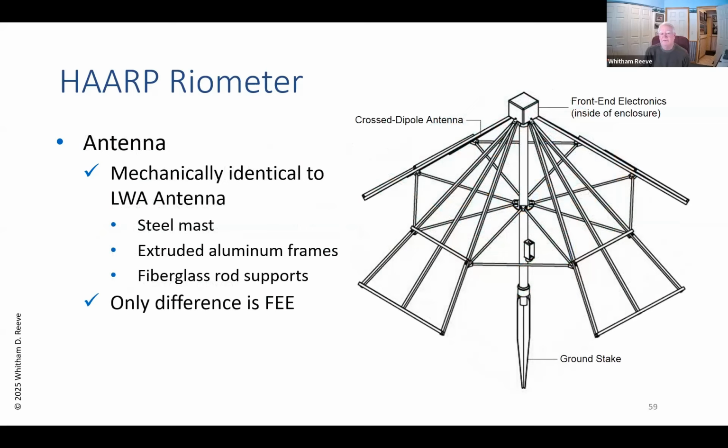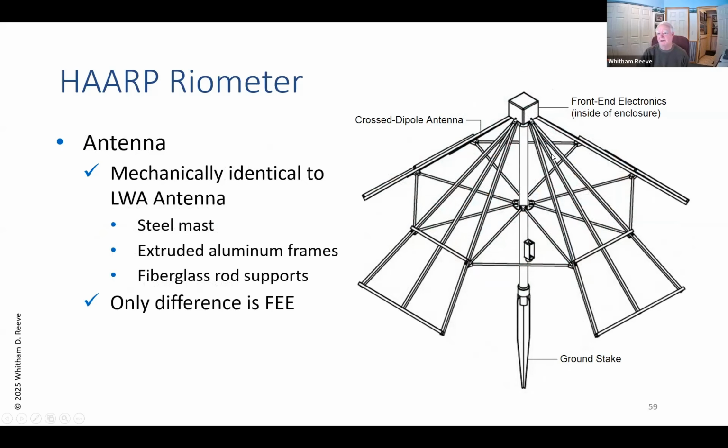The antenna itself is mechanically identical to the LWA antenna. So basically it's a stock antenna, and the only thing that makes it different is the front end electronics located up in the hub at the very top, at the apex of the dipole.